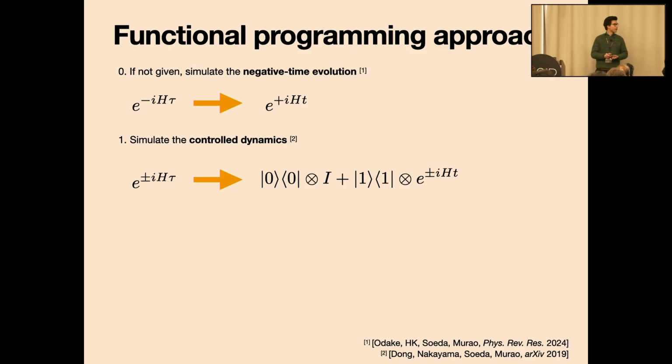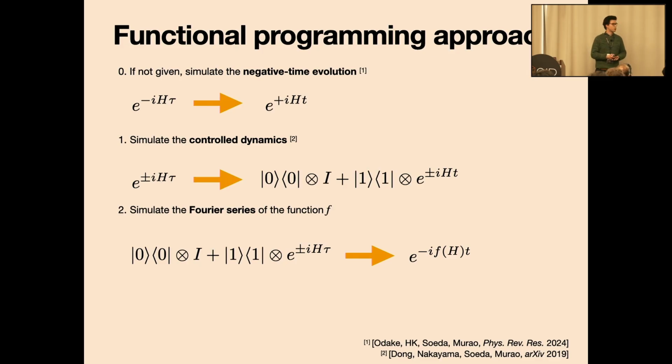The next step, number 2, is a subroutine that is developed newly in this work, which is Fourier series simulation. Here we assume as input some controlled version of the Hamiltonian, and essentially the algorithm simulates the Fourier series of the desired transform function f on this controlled Hamiltonian, for both positive and negative time, and then returns the desired output Hamiltonian.